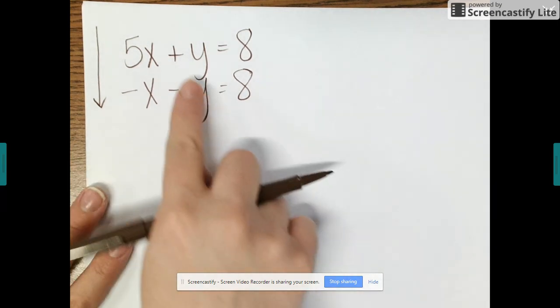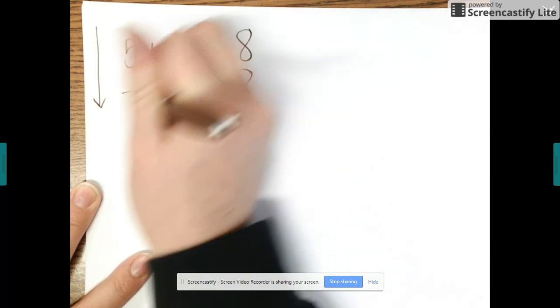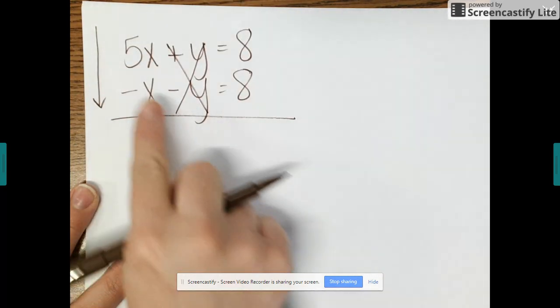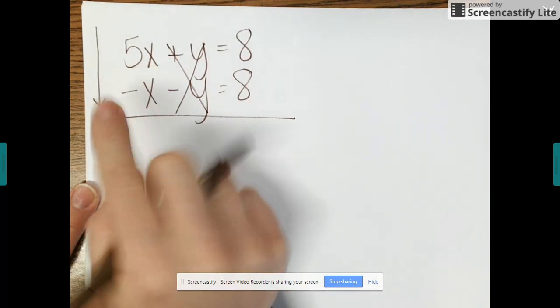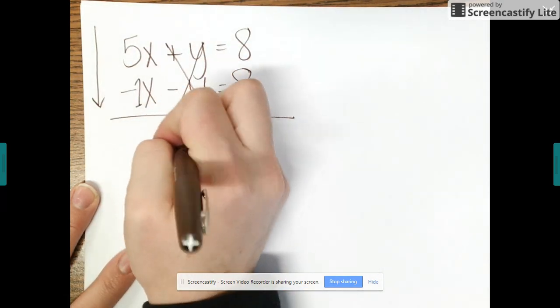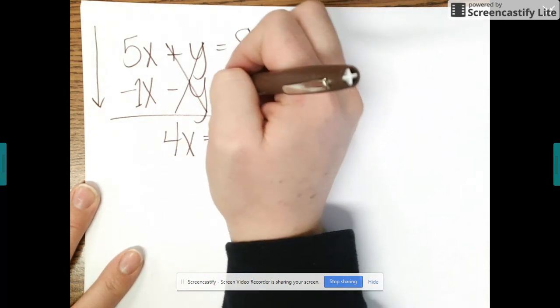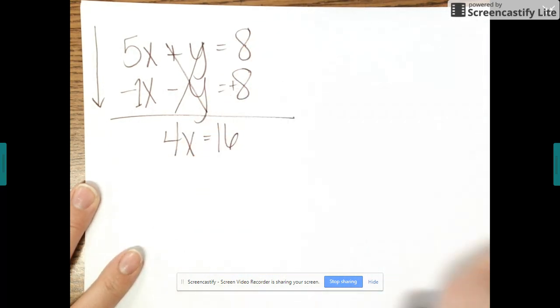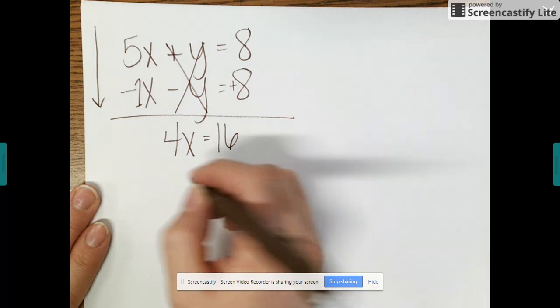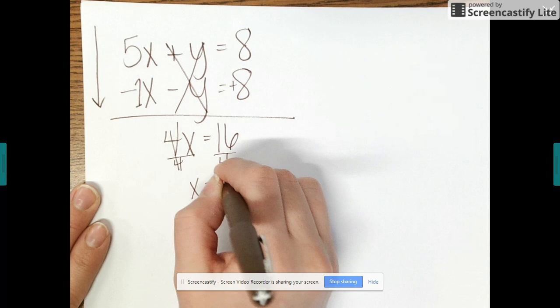Hopefully you guys can already identify that plus y and minus y is going to cancel out, so we're going to X it out. And then 5x minus 1x is 4x. Drop down your equal sign and go 8 plus 8 is 16. Then solve for x. Divide by 4. X is 4.